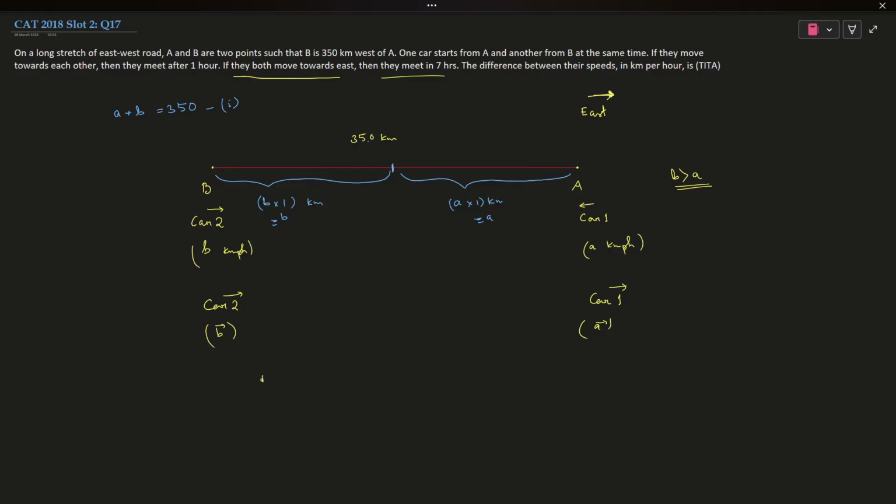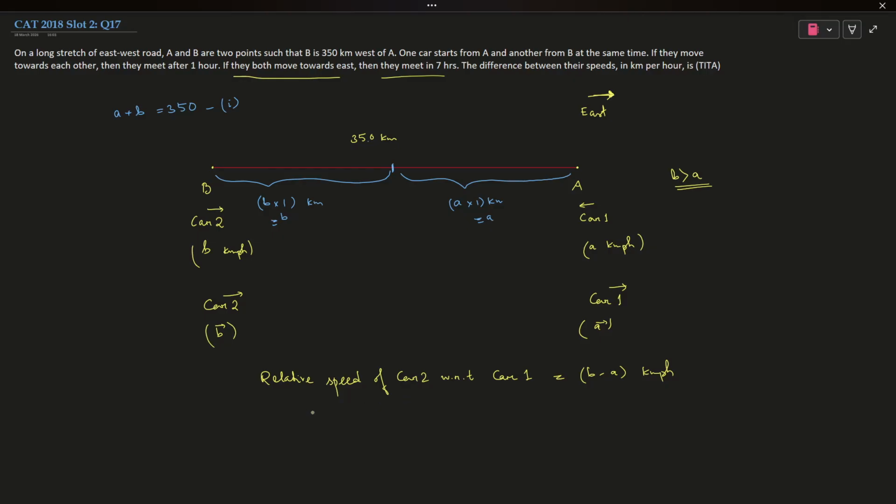So the relative speed of car 2 with respect to car 1 will be B minus A kilometers per hour, because both of the cars are traveling in the same direction.